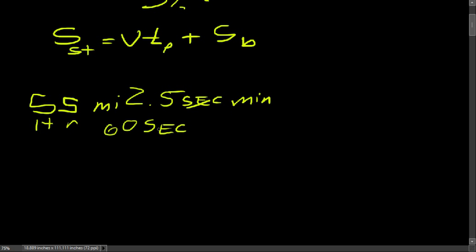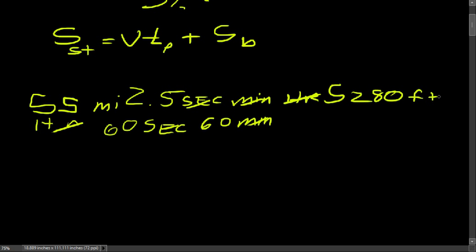Seconds cancel out, 60 minutes per hour. And all of this all cancels out. Now we want to convert miles to feet, and there are 5,280 feet in a mile. So with that, we have everything canceled out except the feet and the seconds.